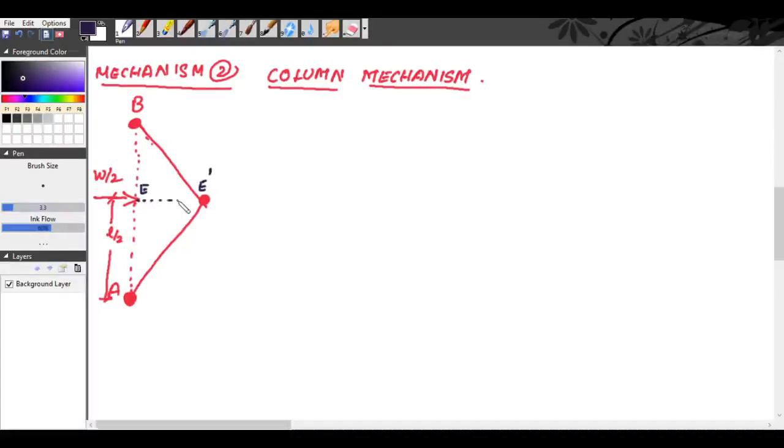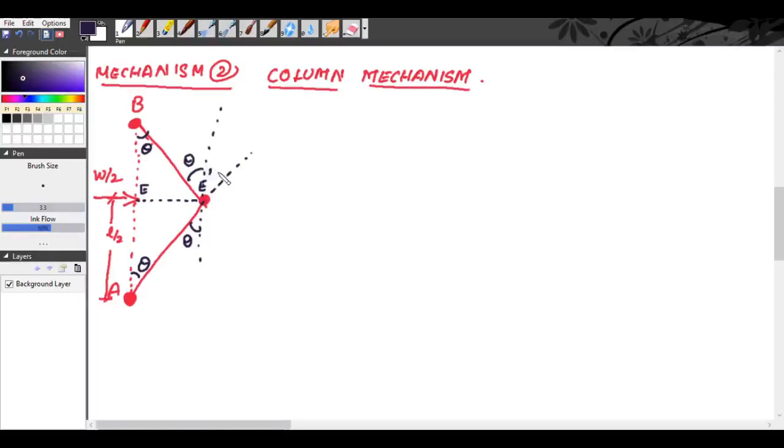Now you extend this line. This angle you can take as theta and this angle you can take as theta. So this is 2 theta. You can also consider theta plus theta like this. See, this is theta and this is theta. So totally it is 2 theta.